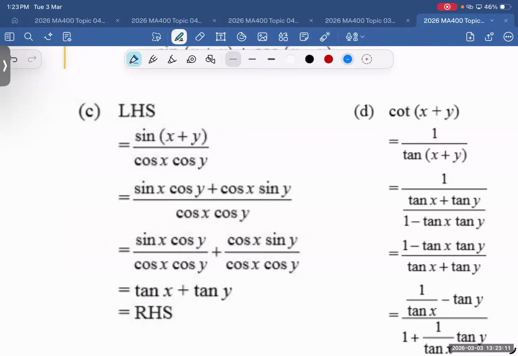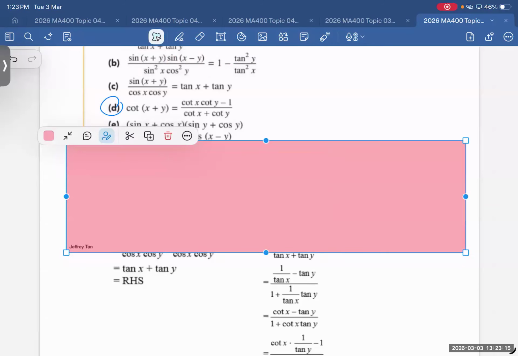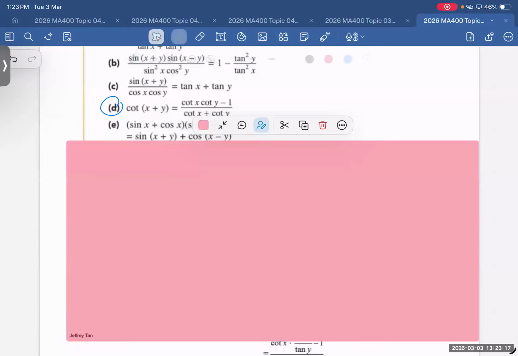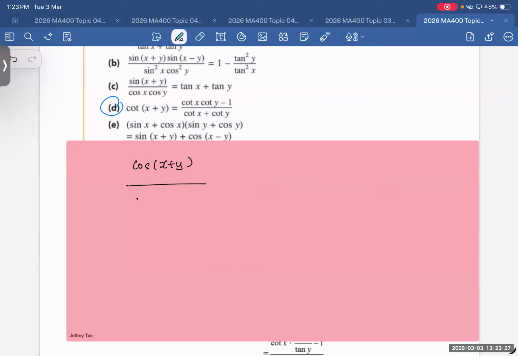Okay, now I go to 12D. What I do, maybe I change everything to X and Y. I show you a small trick. I'm going to follow what I call the compound angle approach. I write it as cosine over sine.